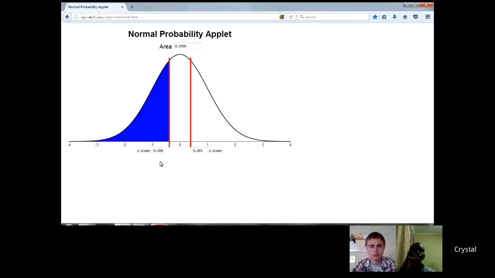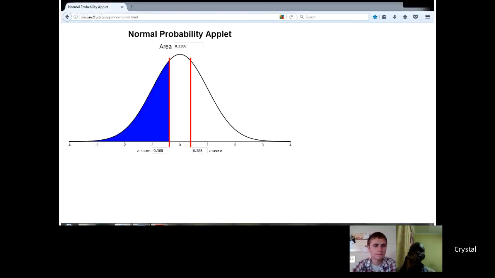Yep, that's what I got. How do you get it? Once we found the z-score, which is negative 0.385, we plugged it into the formula of the input minus the mean divided by the standard deviation.